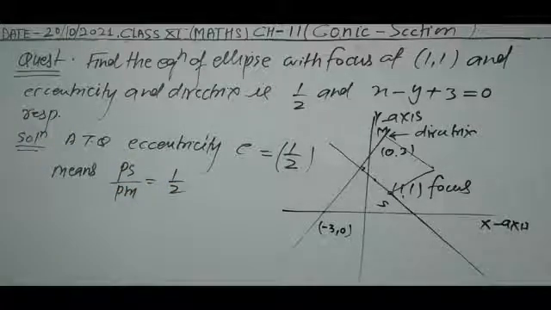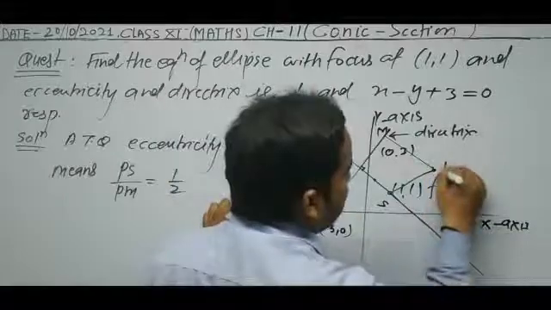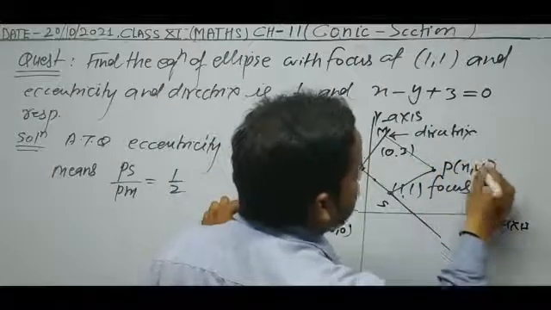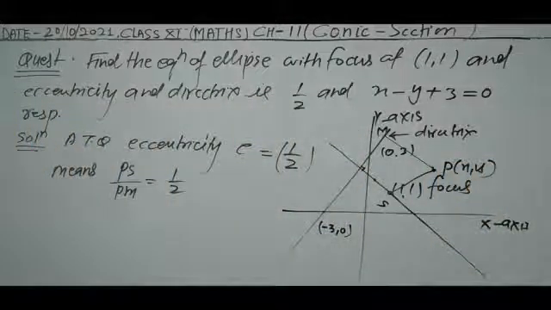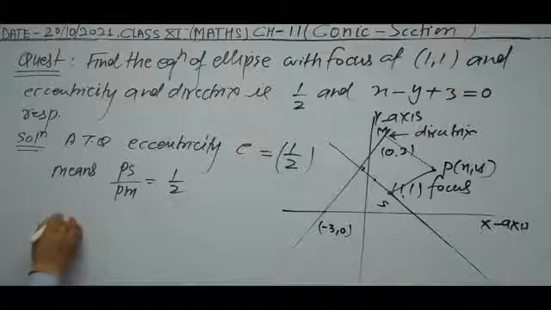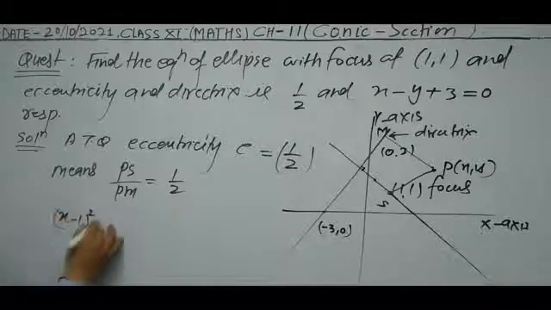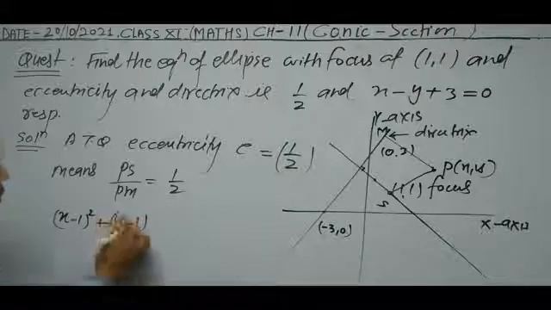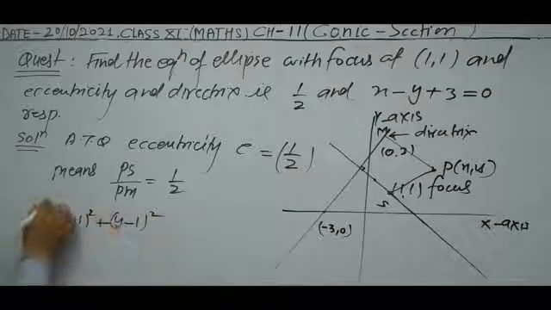And PS result you can calculate by using the distance formula. This is the variable point P having coordinates x, y. Now PS distance will be the square root of x minus 1 whole square plus y minus 1 whole square.